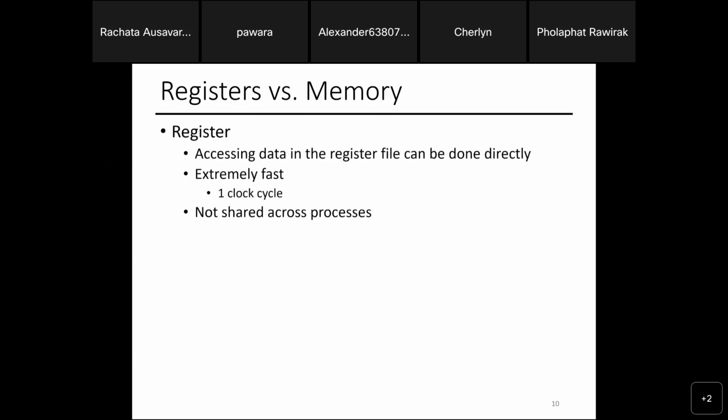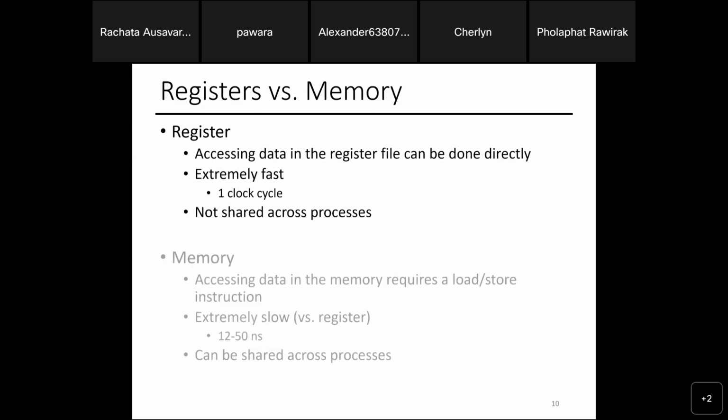Within one clock cycle, you should be able to read the data from the register. If you look at the memory, you're looking at something like 30 to 100 to 200 or even 1000 clock cycles, depending on how the program is running at the moment. They are a lot slower. That's why when you want to run your program, most of the time the data that you have to access will be put inside the register to run.